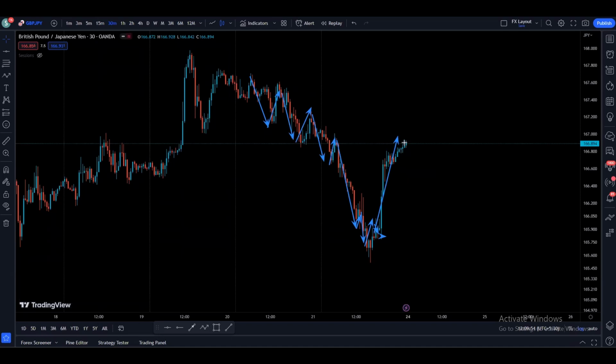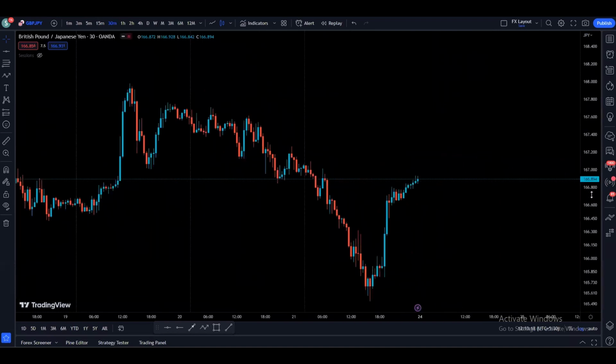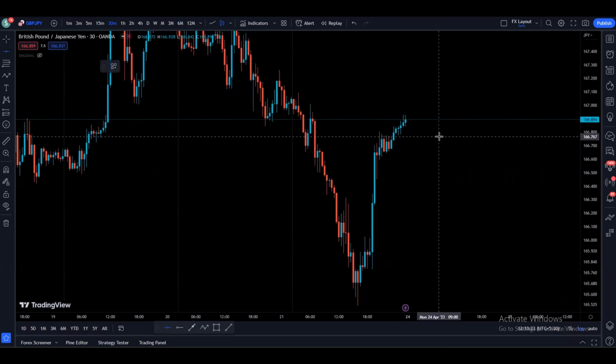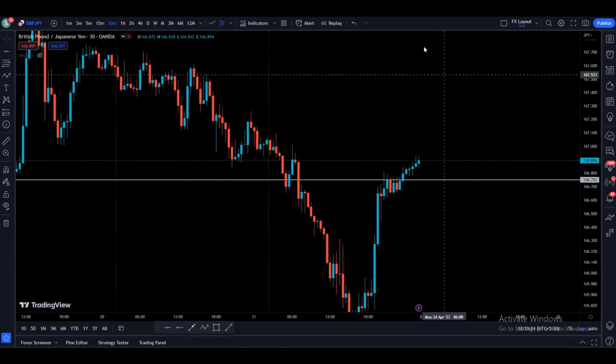So it'll be great if the price, after making this big move, can come down and find some kind of support in this area, and once we find the support, we can look to take long in order to retest the previous high created by the price. Now this can be a possibility, and at the same time, if we look more closely, we are going to see that this was a resistance, and as we can see, we made a move to the upside after breaking this resistance.